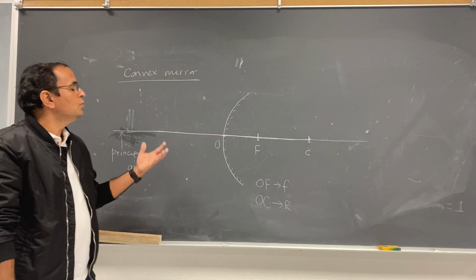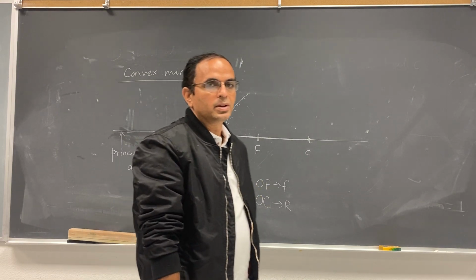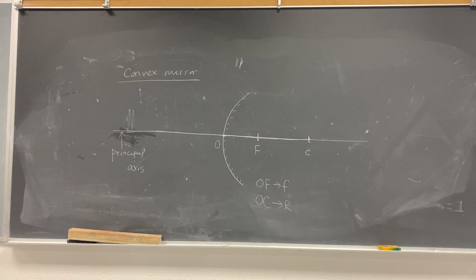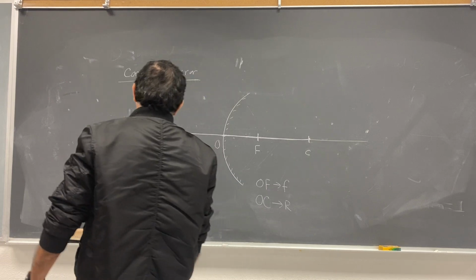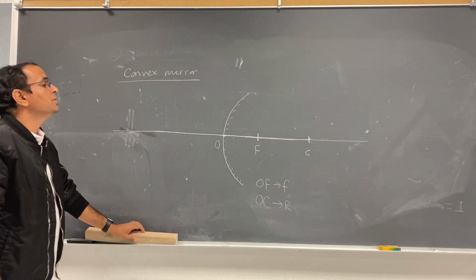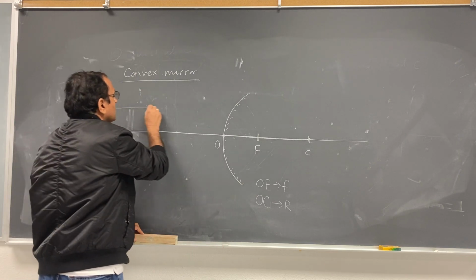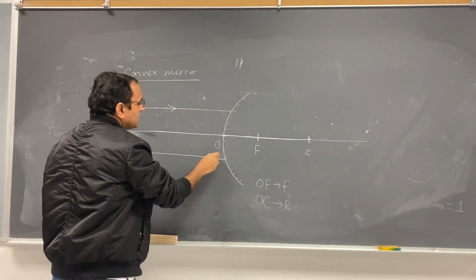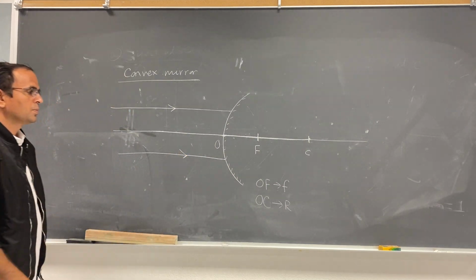Okay. Now how do you draw the ray diagram here? Let us suppose the object is at infinity, really very far from the mirror. So if the object is far from the mirror, let me erase this. You simply draw the line like this, a parallel line. This means the object is at infinity.